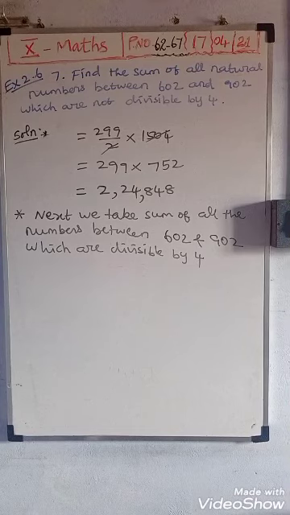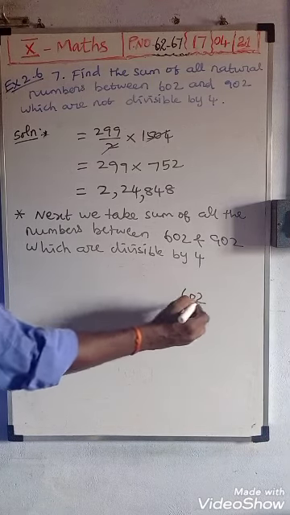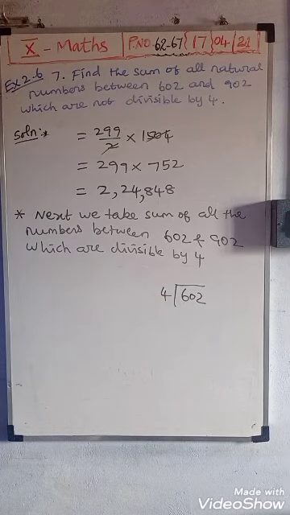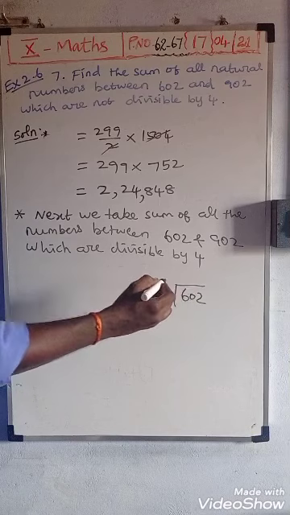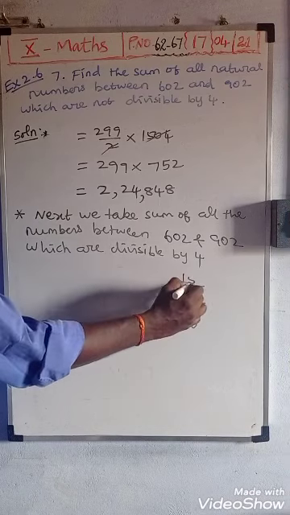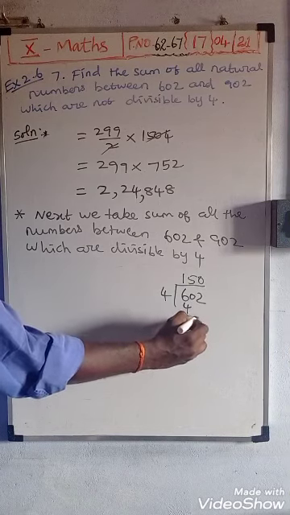Okay, so see, first you take 602. You check whether it is divisible by 4 or not. So see, you should divide: 1 4 is 4, remaining 2, 0 down; 5 4s are 20, so here 1 0, so 200 you will get.